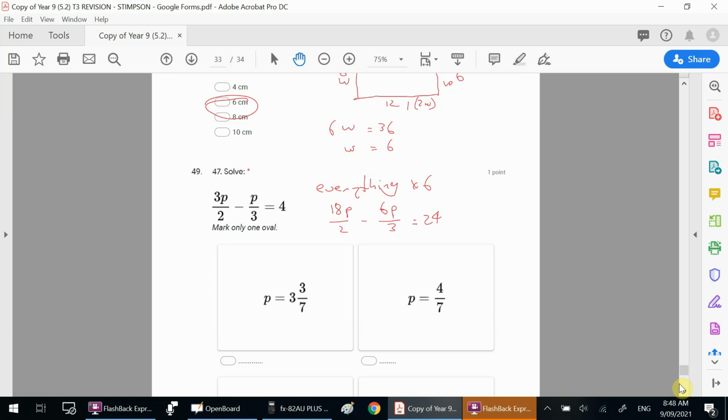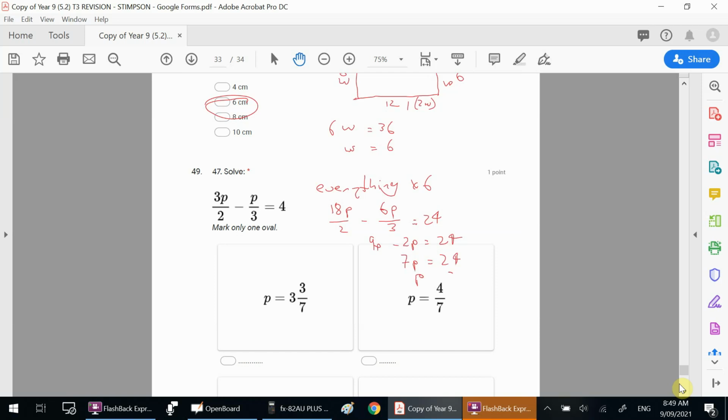That can simplify to 9p, 18 divided by 2, and 6 divided by 3 is 2. So 7p equals 24.